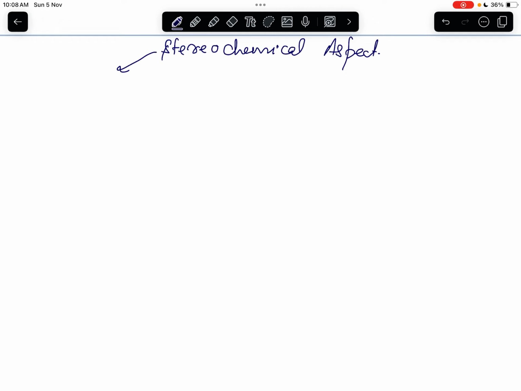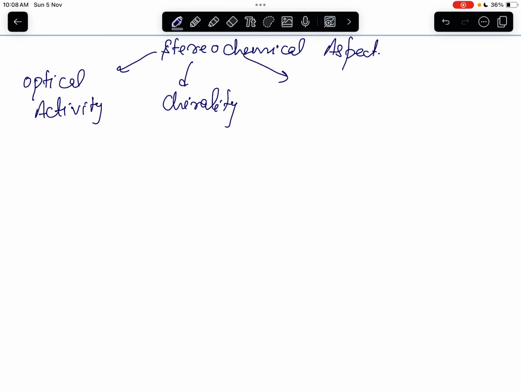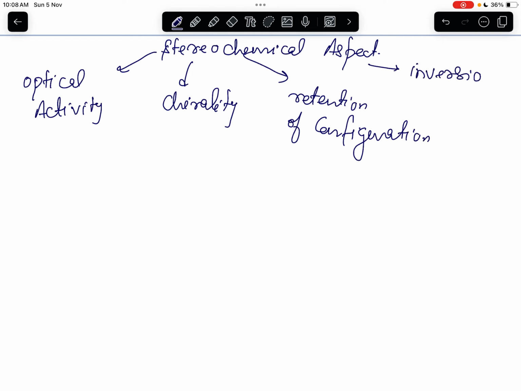So you have to understand the optical activity and chirality, and the retention of configuration and inversion of configuration, and in the last the racemization. So let's understand the optical activity.